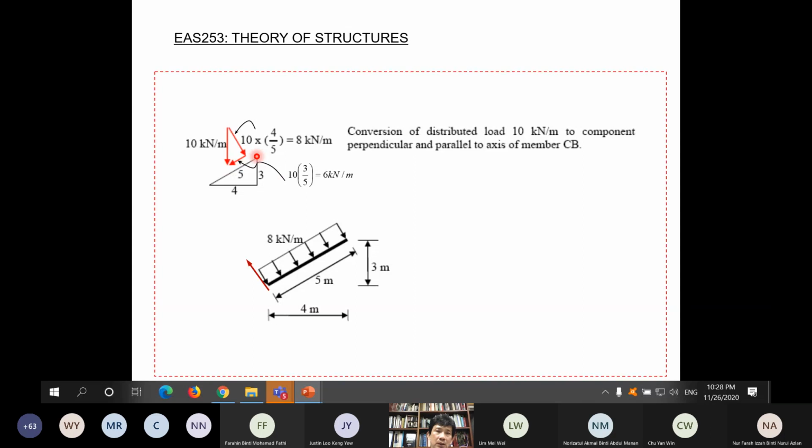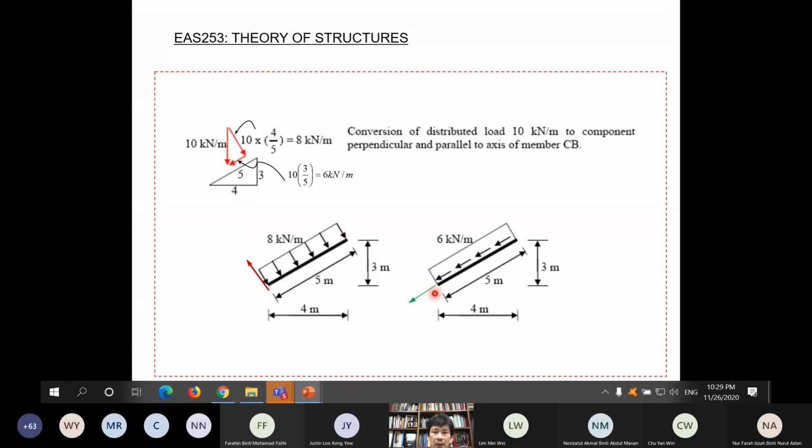This component here, which is parallel to the axis, will not affect the calculation of S and M. It will only affect the calculation of Q. So that's why we show only the 8 kilonewton per meter here for us to calculate the S and the M.